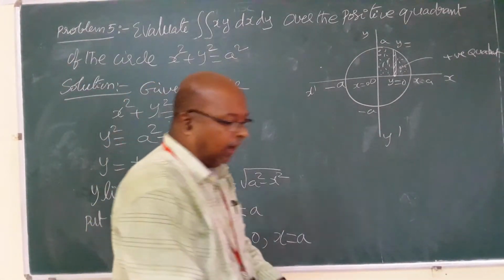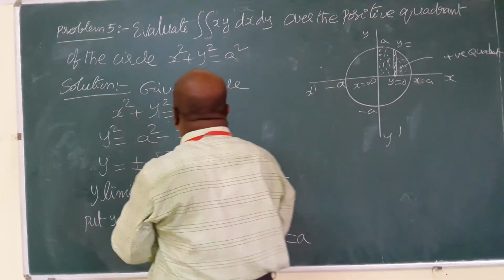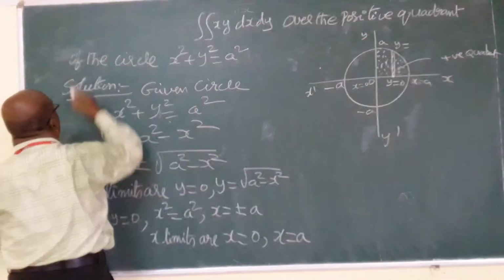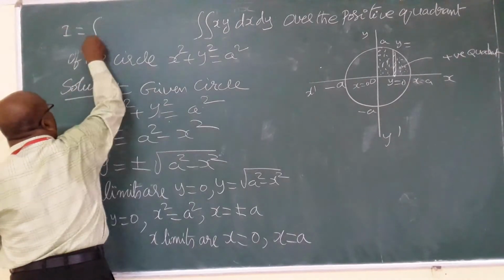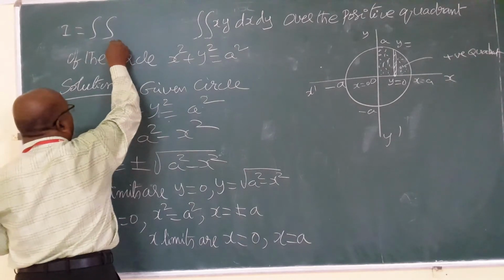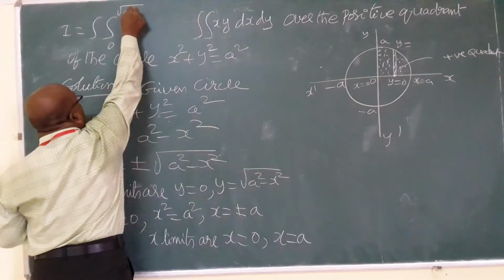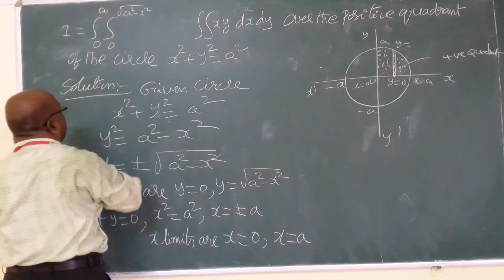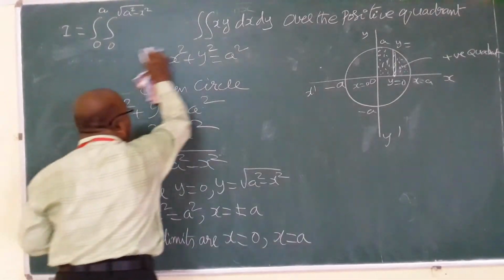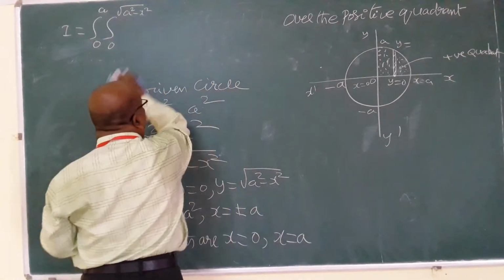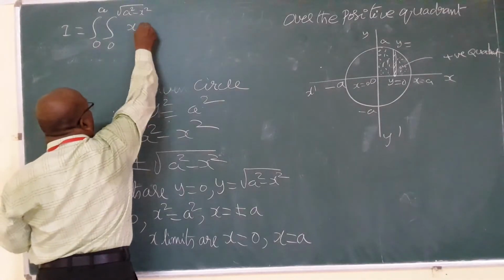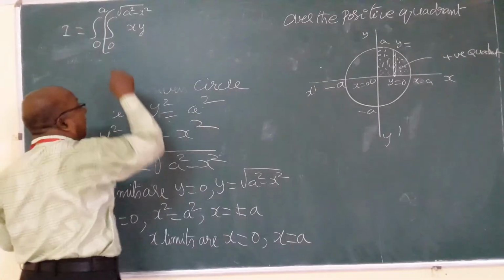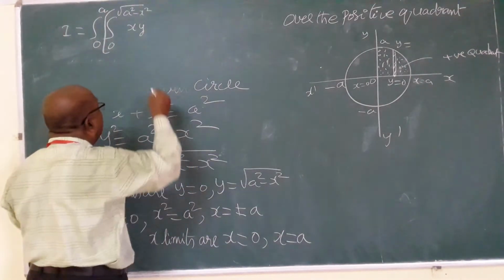Now our I is equal to the integral. First integral limits are 0 to root over a square minus x square. Second integral limits are 0 to a, according to the rule or given diagram. Here, x y appears, so the opposite variable.